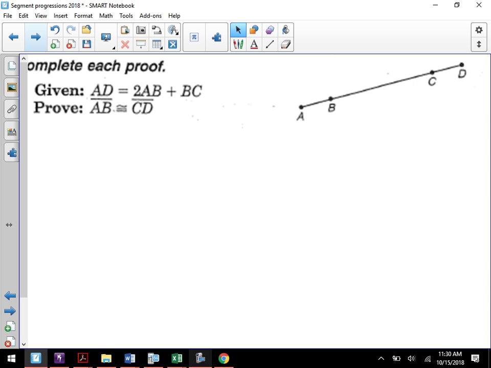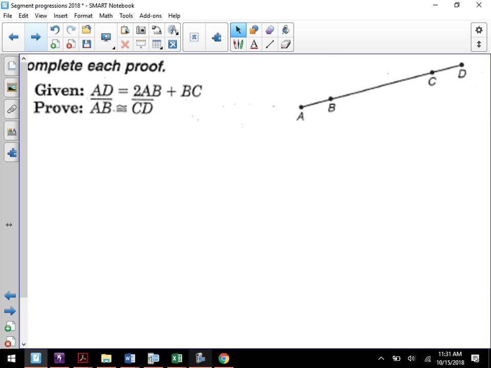So when we do proofs, what I want you guys to start looking at is, before you start going in and drawing up your two columns, I want you to look at what they give you. Look at the diagram, see if there's things you can mark because of what they give you. And then what are you trying to show in the end? Notice any similarities, any differences, and even think about, okay, how did they get that? What can I show? So remember, you really only know a few things.